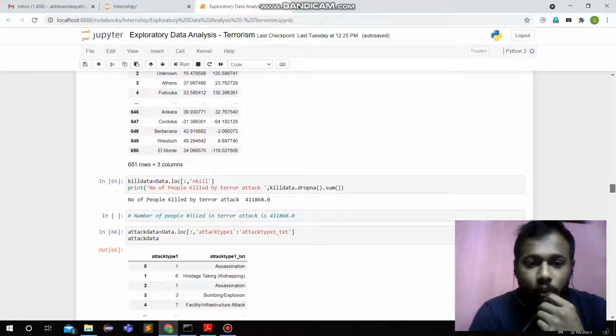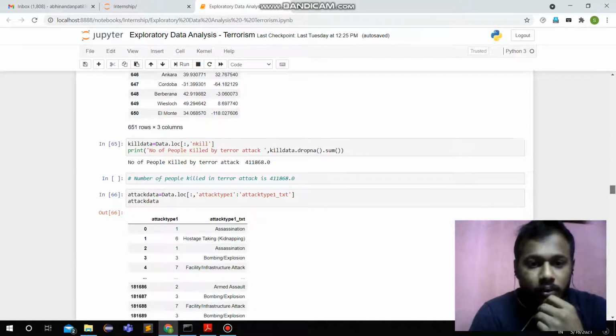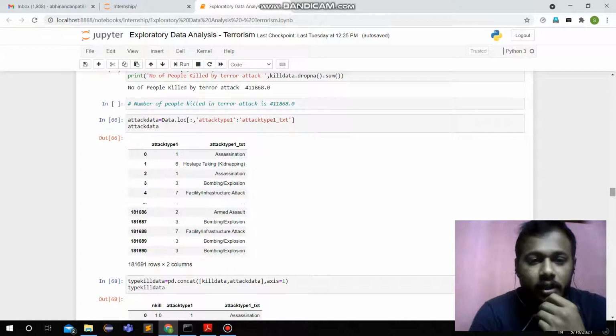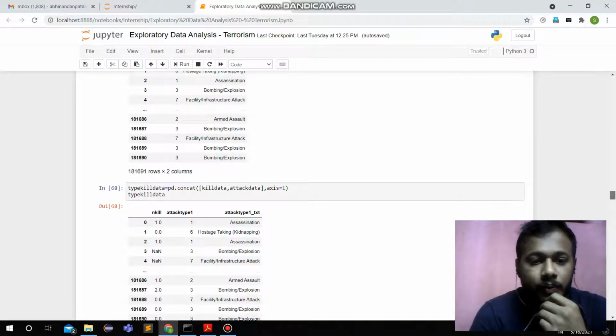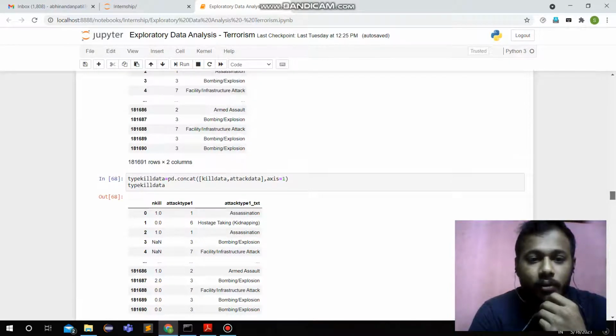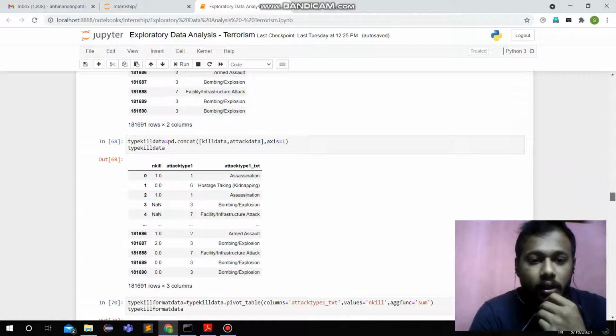Here the number of people killed by terror attacks is 4,11,868. Here is the dataset of attack type, with the number of people killed in terror attacks.